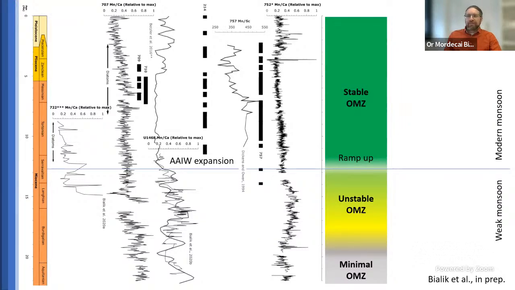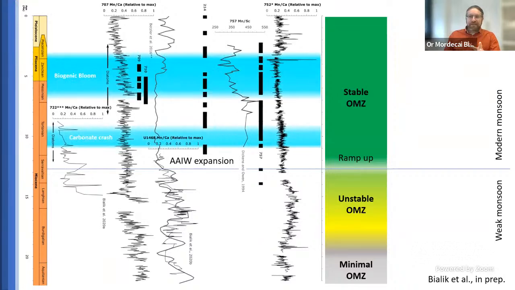And on the Ninetyeast Ridge, we see manganese depletion in the late Miocene kicking in more or less at the same time when diatoms start showing up at 707. And we're seeing other high productivity phases at site 710 and 709. So we end up with another period of high productivity, which is different. It's not the same as the first one. And we've delineated these as the late Miocene biogenic bloom and the middle Miocene carbonate crash.